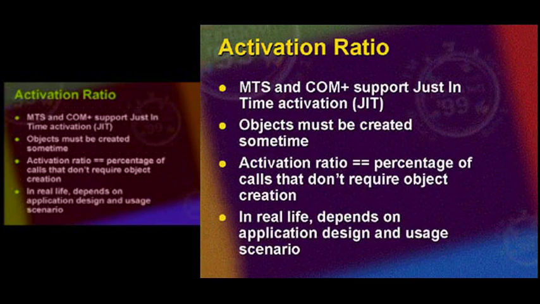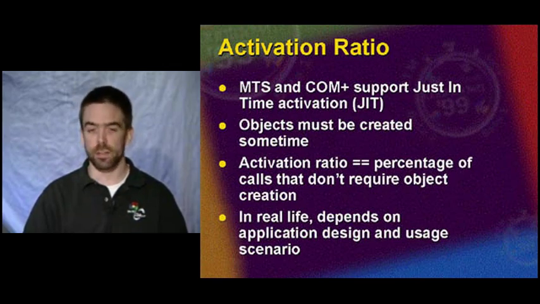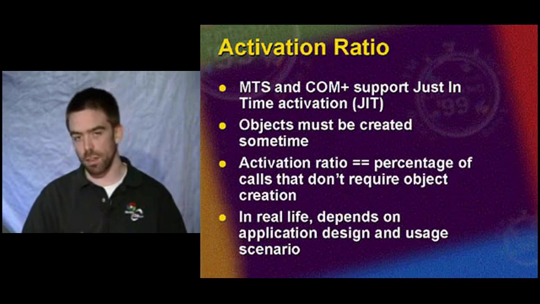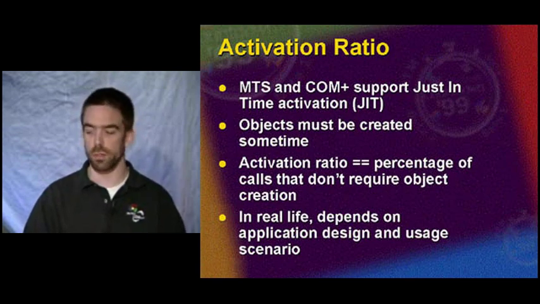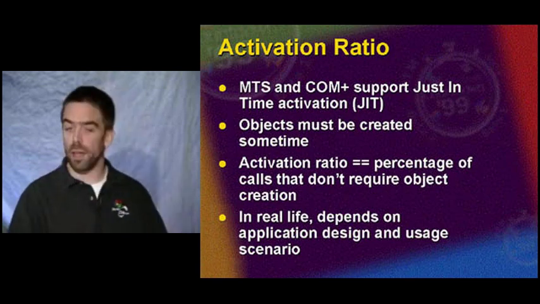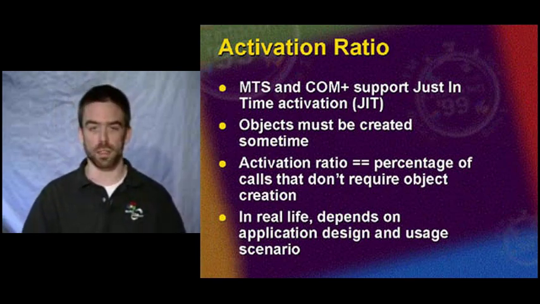Now again, with the coarse and fine-grained parallelism that I was talking about before, that really ties into the activation ratio. And the activation ratio really indicates how coarse or how fine-grained your parallelism will be when you use component load balancing with COM+. As you may or may not know, MTS and COM+ support just-in-time activation.